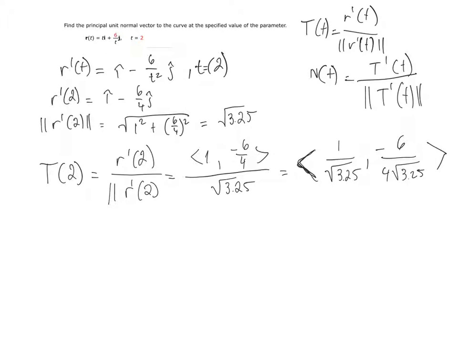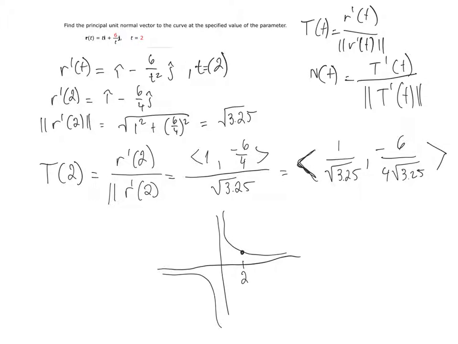Now, the easier way for you to find the unit normal vector is by looking at the graph. So if you graph r of t, you should get a graph looking like this. And at time equal 2, it's right here.